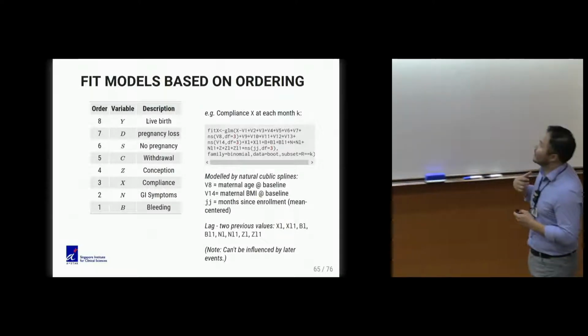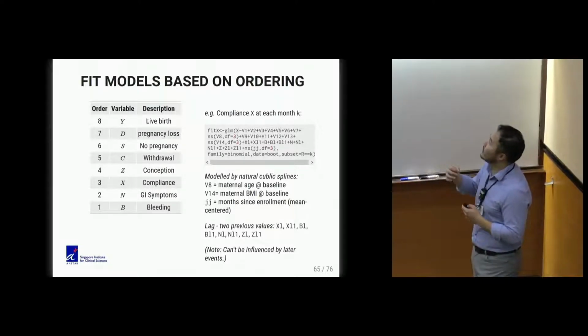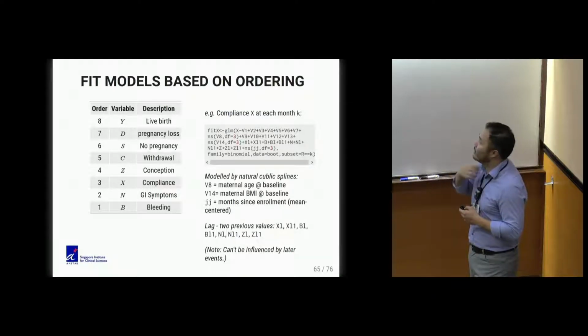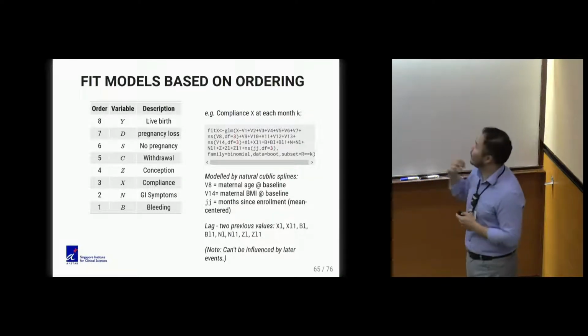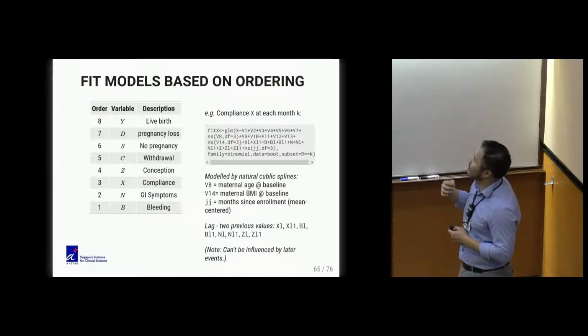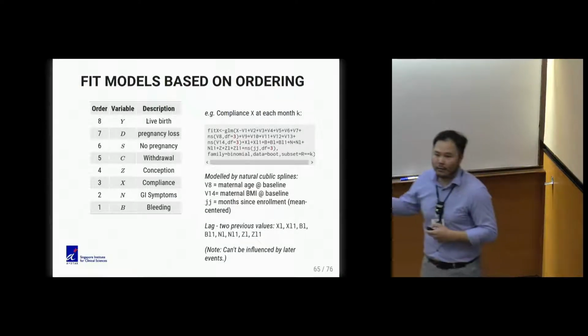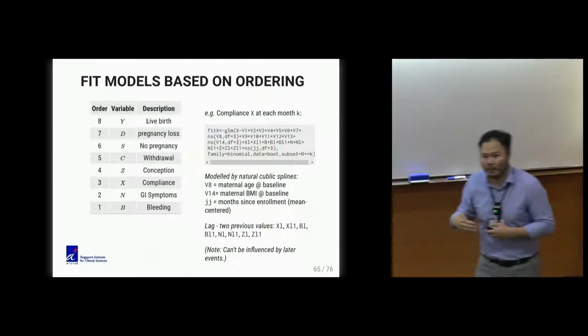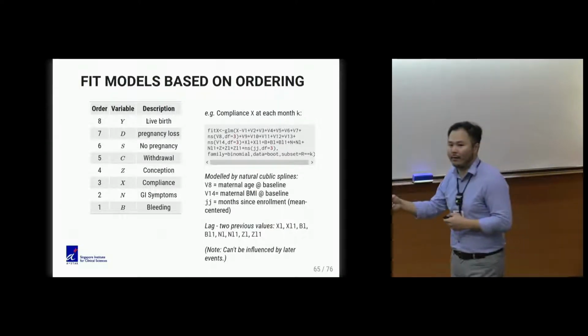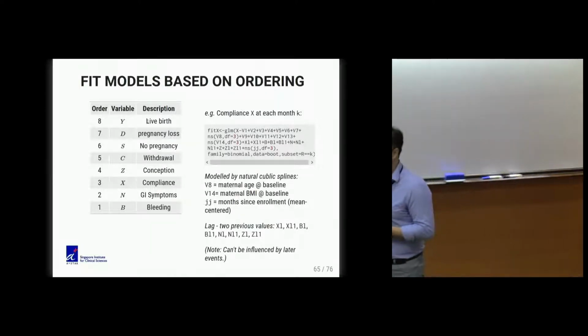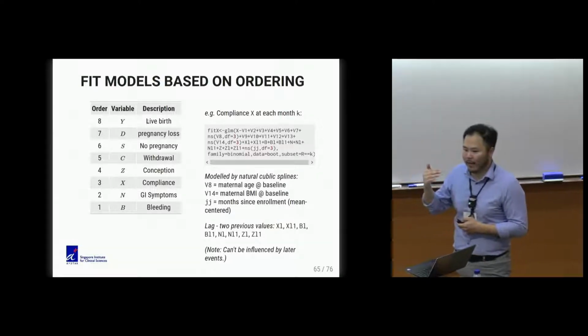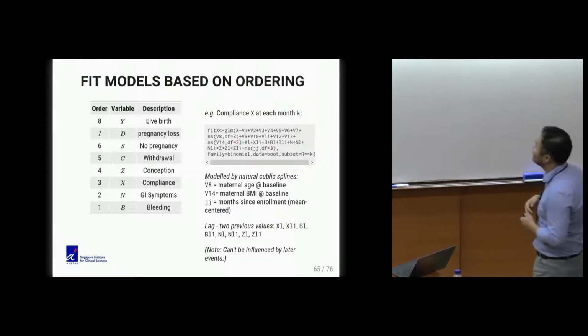The other thing that they've decided is that your compliance, so the compliance here is the model, at a given point in time is also related to the compliance and the symptoms, so the GI and the bleeding symptoms, from 2 time points before. So this model allows the compliance at one time point to be affected by n-1 and n-2.